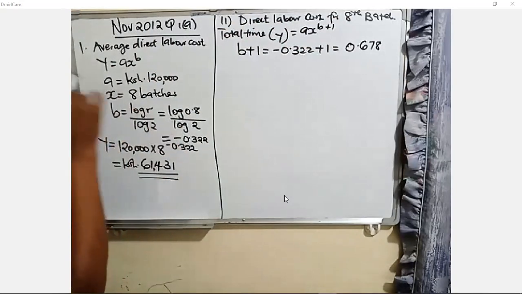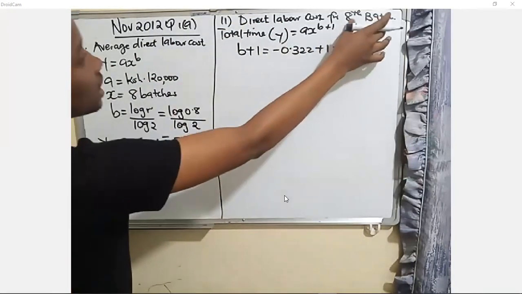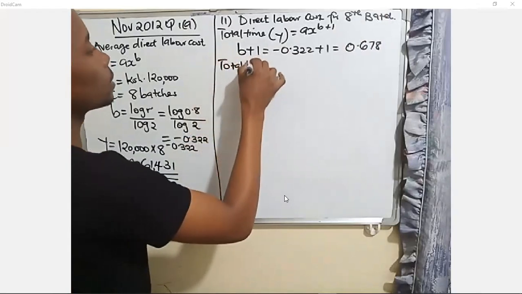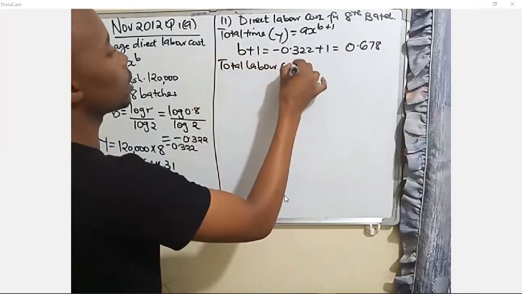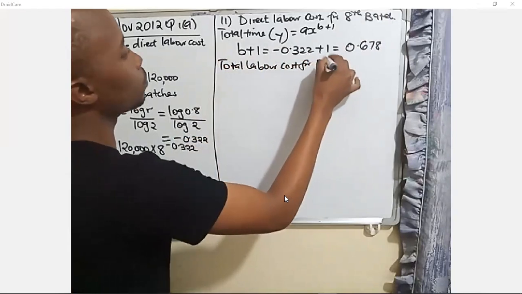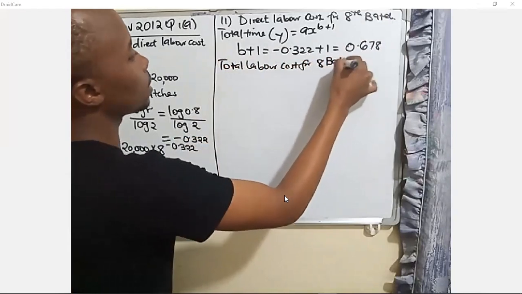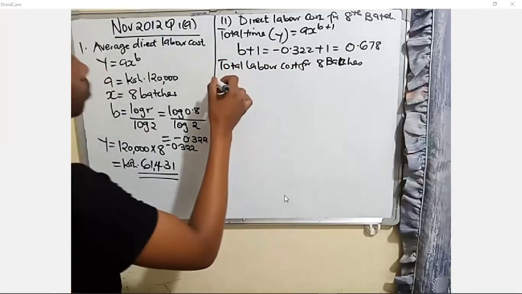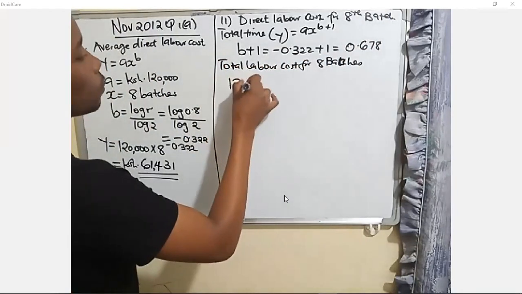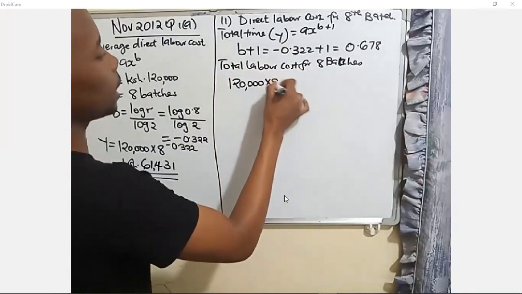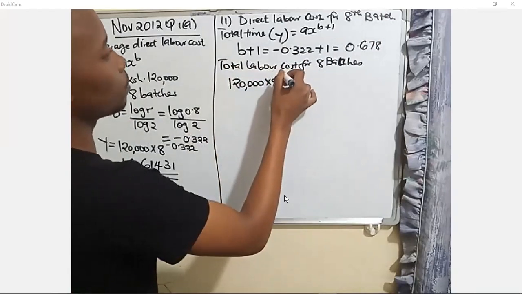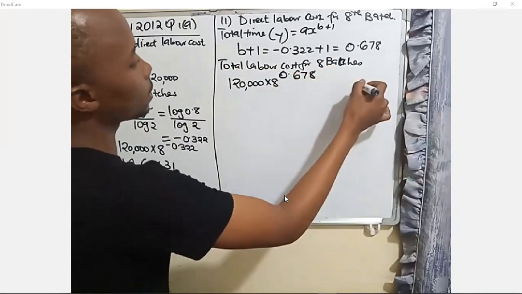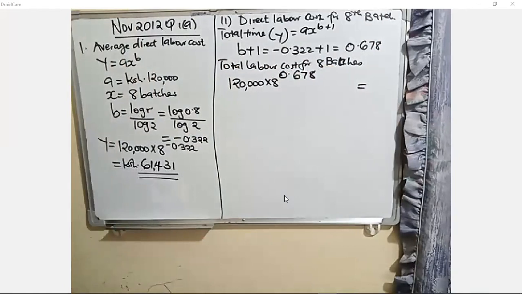So in this case, because I have to get the 8th batch, I have to calculate the total labor cost for 8 batches. How am I going to get it? I just need to take 120,000 times 8, you raise to the power 0.678. In this case, no negative. How much is this?